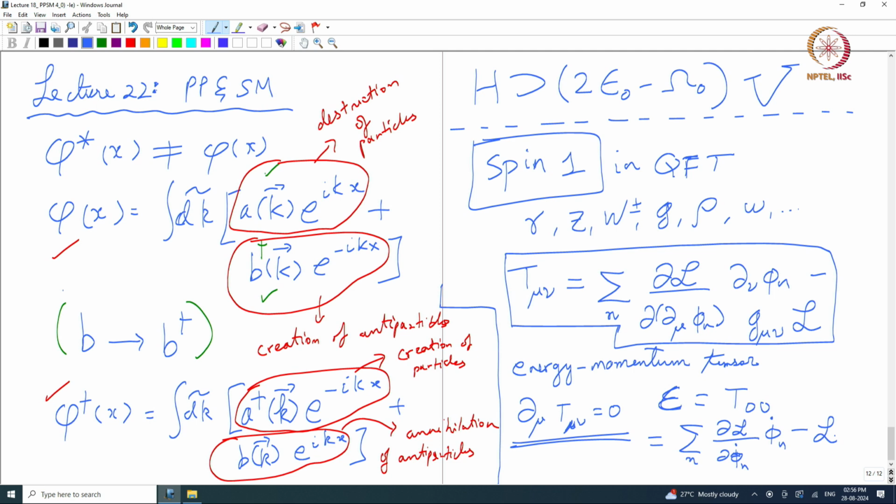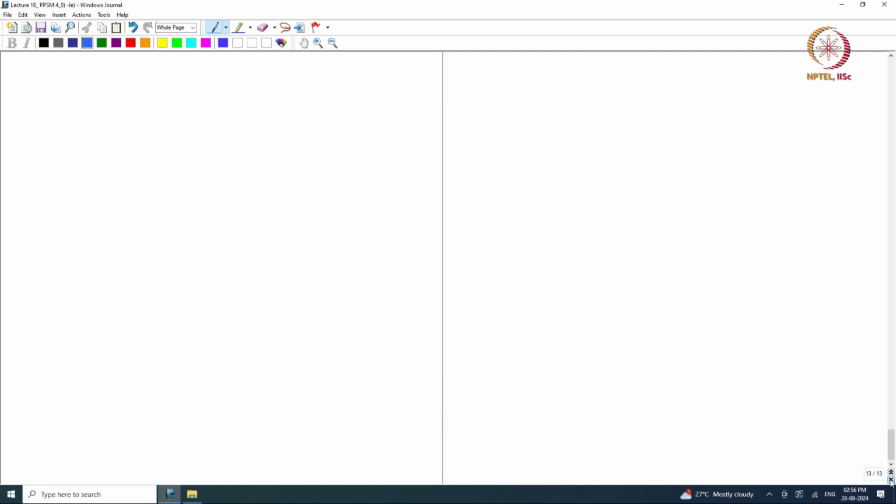Okay, good. Now, let us first make sure that for the Klein-Gordon Lagrangian that we had, the spin 0 Lagrangian, this is what we had, let us make sure as a sanity check that the energy density in this problem was indeed positive definite.